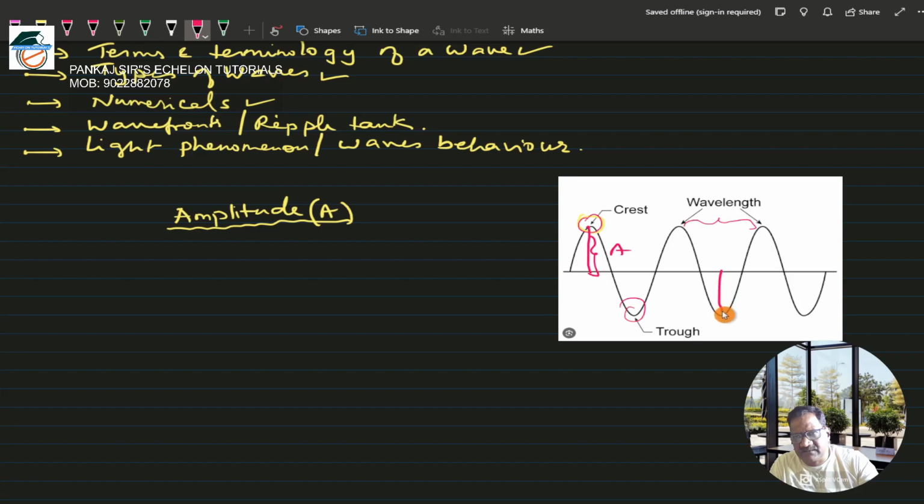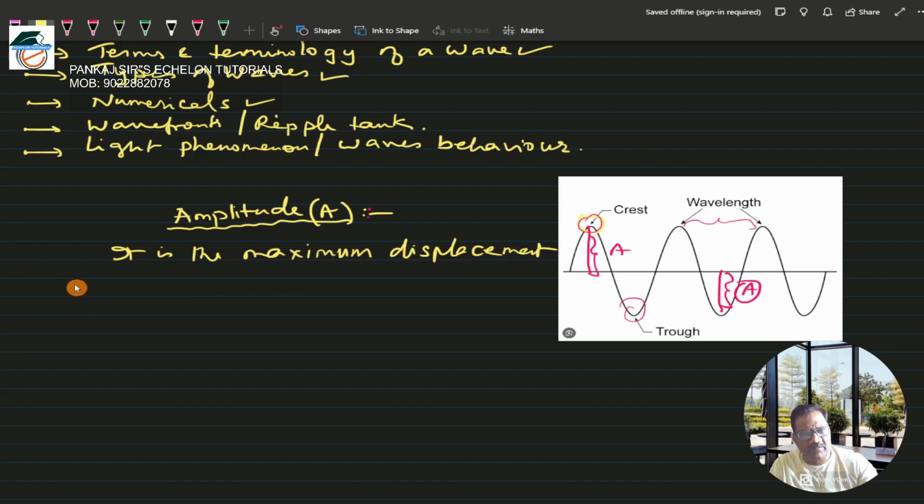This distance is amplitude, denoted by a capital A. The definition of amplitude goes this way: it is the maximum displacement of a particle from the mean position. This is one way of defining it, but if this definition is not clear, we can go for a second one.